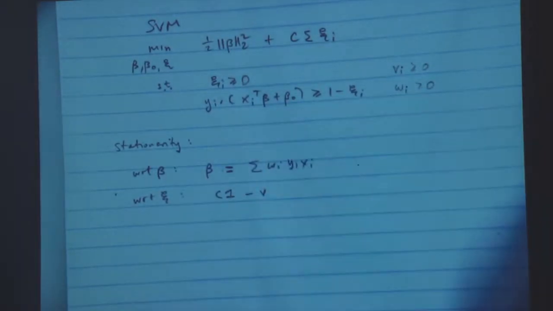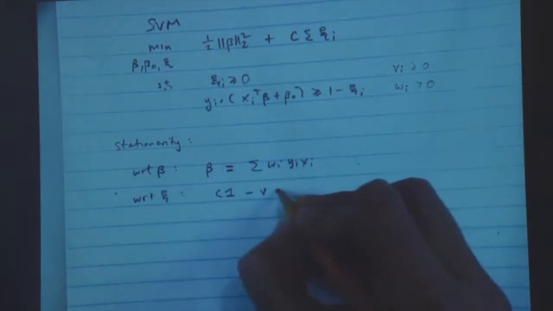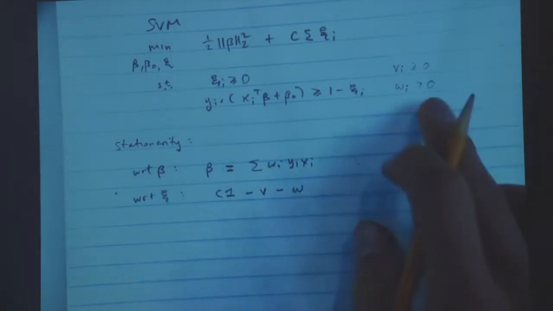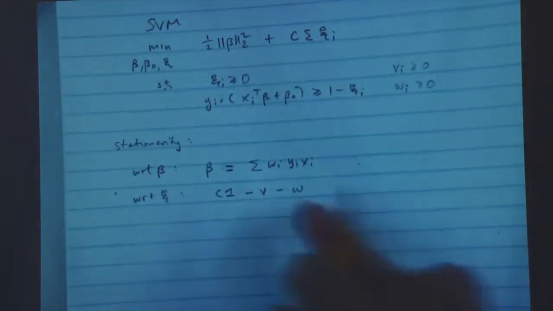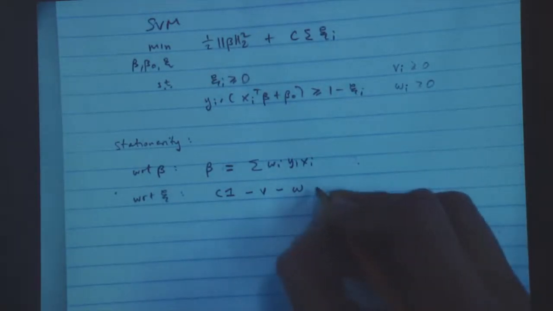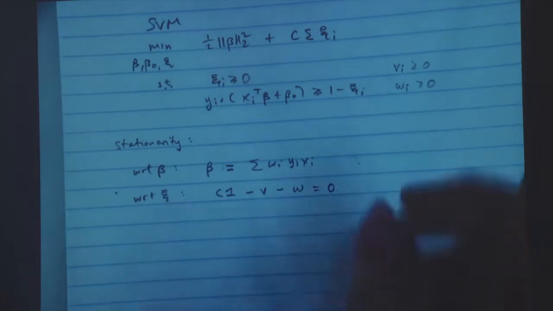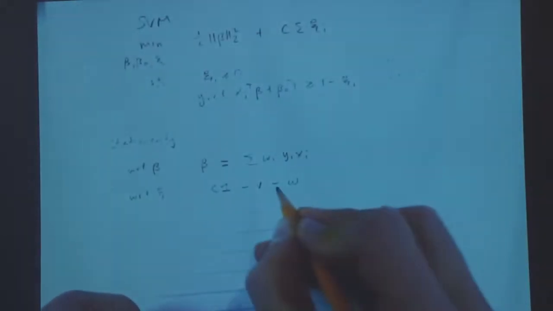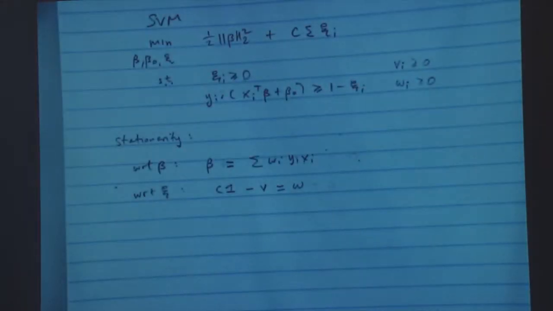And here I get minus w. That's it, because I'm going to write 1 minus psi i minus this stuff less than or equal to 0, multiply that by wi, so the gradient looks like that, equal to 0. Okay, so again, I'm going to rearrange that and just say that c times the 1 vector minus v has to be equal to w.